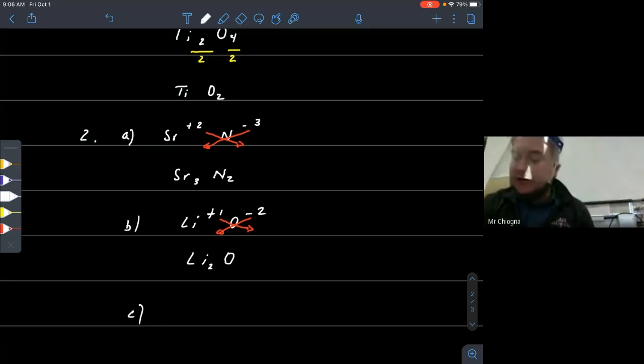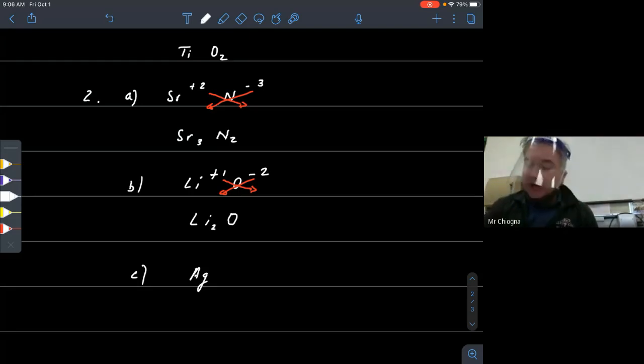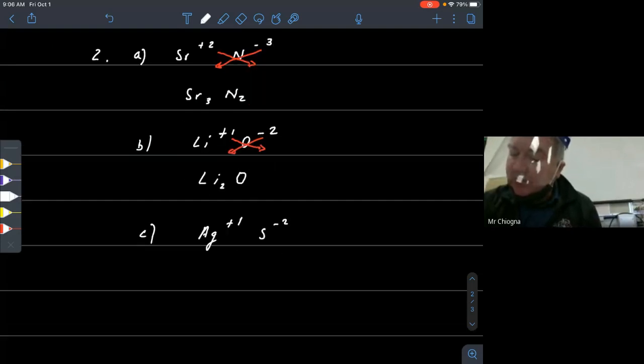C, silver sulfide. Ag, look it up. Silver's got a +1. It's in the middle. Column 11. Sulfide refers to sulfur with a -2. Crisscross, you get Ag2S.